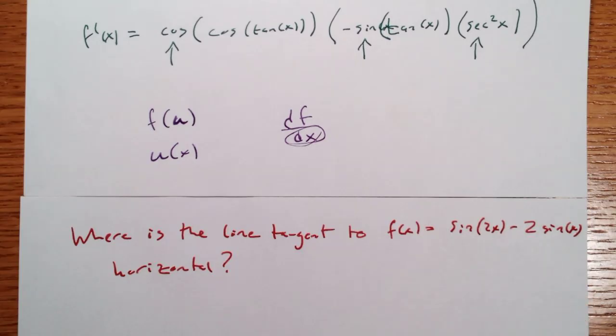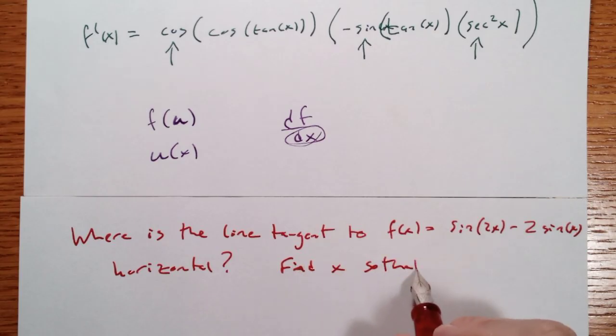And believe it or not, this particular problem with numbers other than 2 came up in my PhD research. If I'm asking where a tangent line is horizontal, horizontal refers to slope. How do I get the slope of a tangent line? Right, that's my derivative. And a horizontal line has a slope of 0. I need to find the x's so that f prime of x is 0.